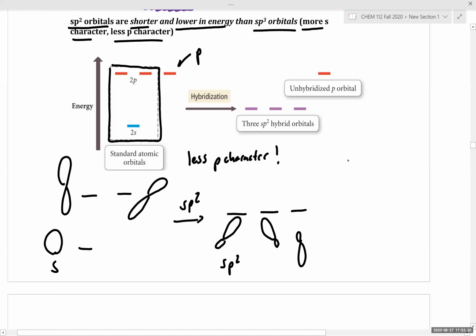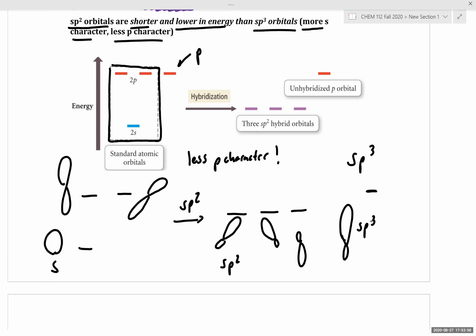Now, if we compare this to an sp3 orbital, an sp3 orbital would be longer and also appreciably higher in energy. Does everyone notice how the sp3 orbital is longer, less short and stubby, and higher in energy?